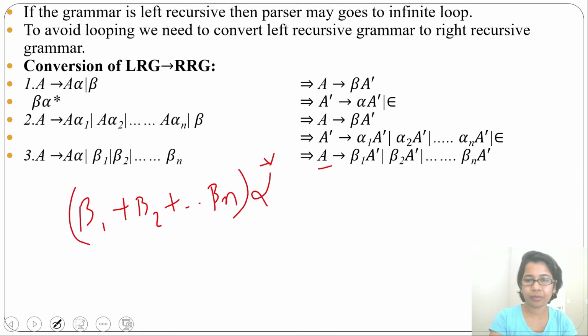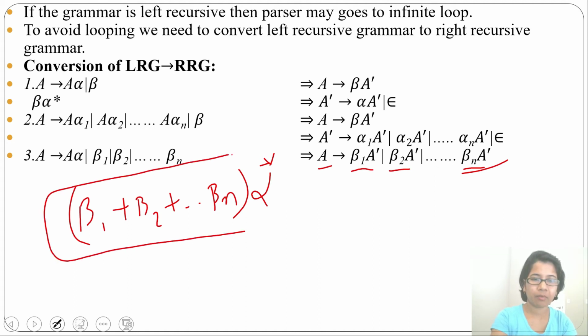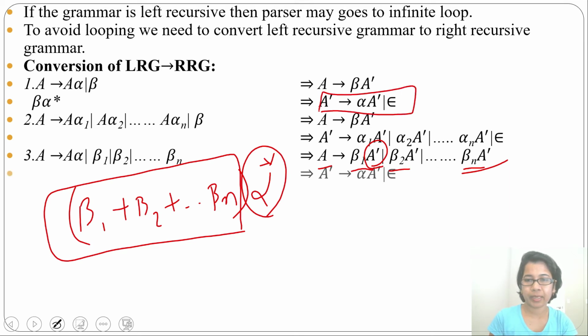Now from A we'll generate beta 1 A dash or beta 2 A dash or up to beta n A dash. So this will generate this part, beta 1 plus beta 2 up to beta n. Now from this A dash we will generate alpha Kleene closure. So from A dash we will generate alpha A dash or epsilon.